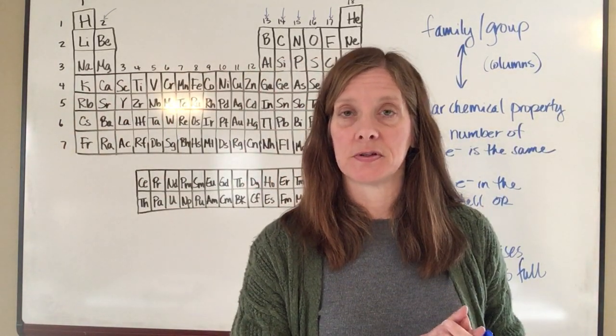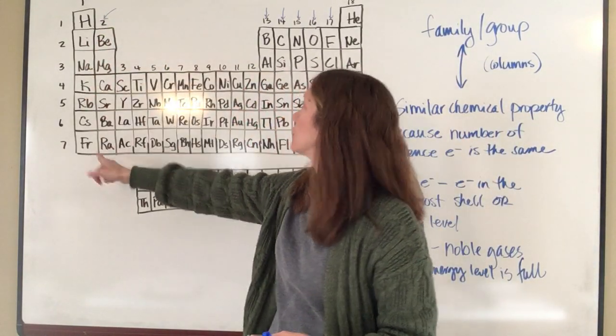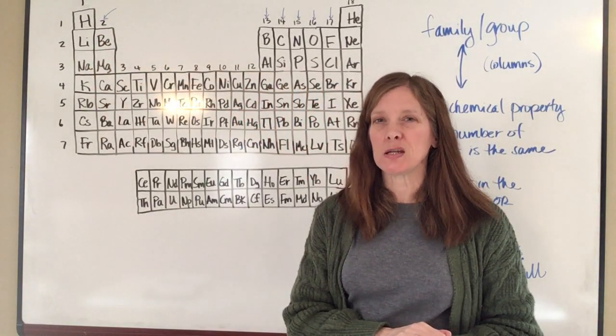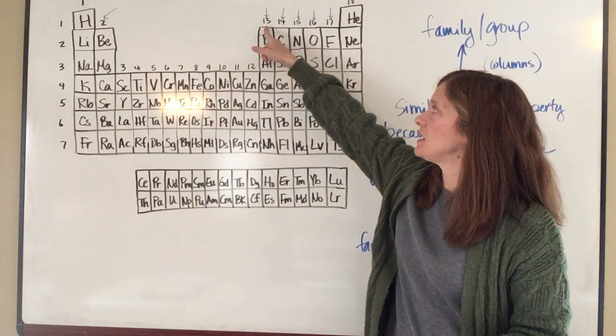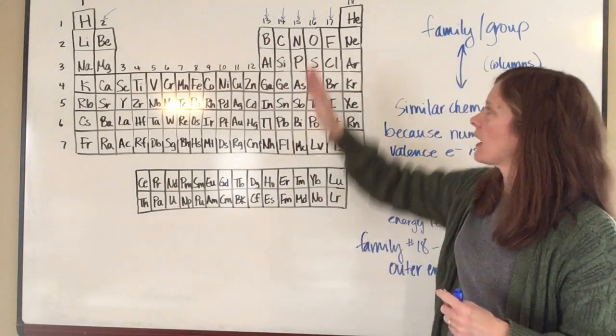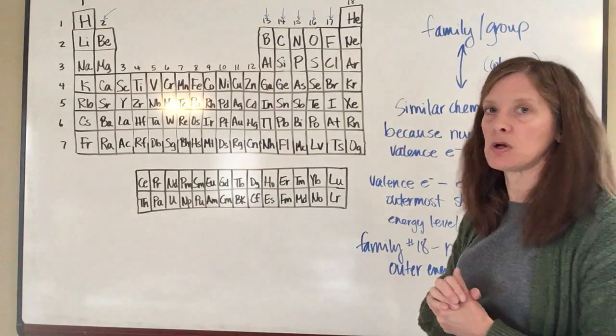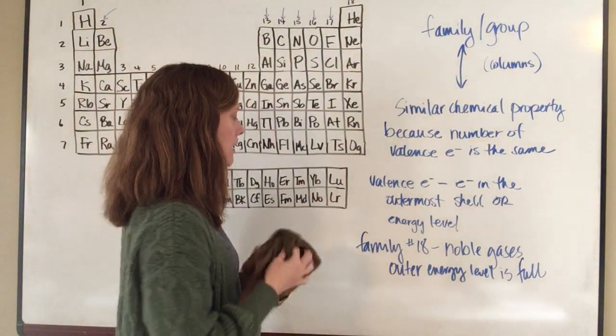How many do they have? You should have said 2 valence electrons, okay? How about group number 13? How many valence electrons do they have? Yeah, 13, they have 3 valence electrons in their outermost shell. And so everybody all the way down has the same number of valence electrons, okay? So those are our columns.